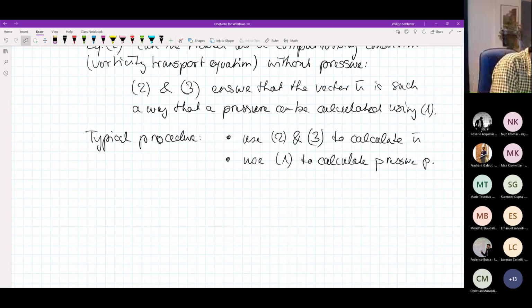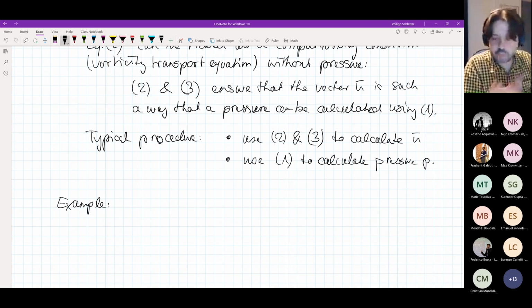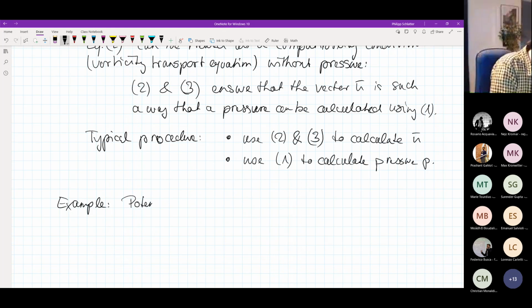Let's do a quick example here, where I can hopefully illustrate what I mean with all these compatibility conditions and so on. Let's look at potential flow.